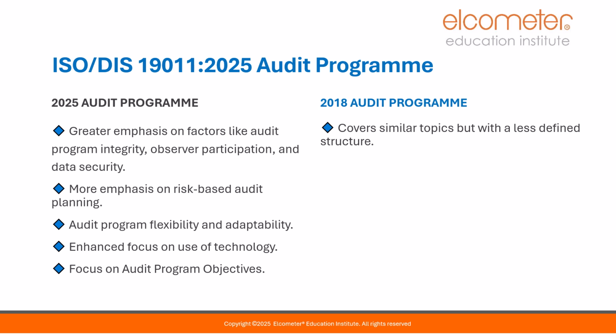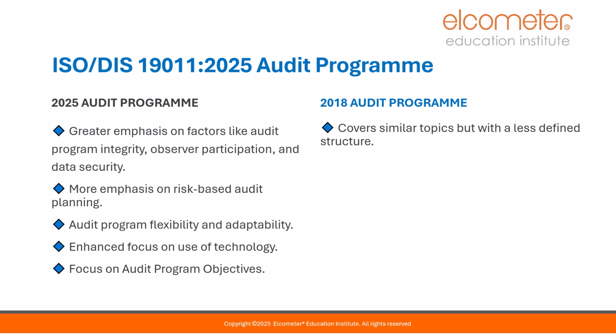The new language in 2025 underscores the need for adaptive audit frequency and scope based on evolving risk levels. 2, greater flexibility and adaptability. Audit programs are now expected to be flexible and responsive to changes such as emerging risks, new regulations, changes in technology or business processes.